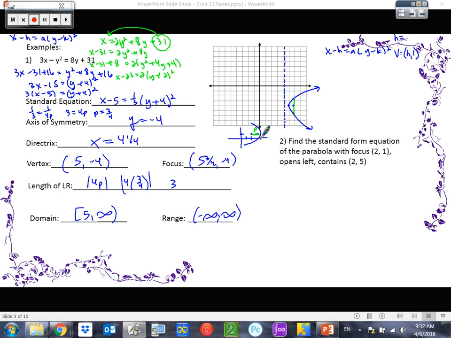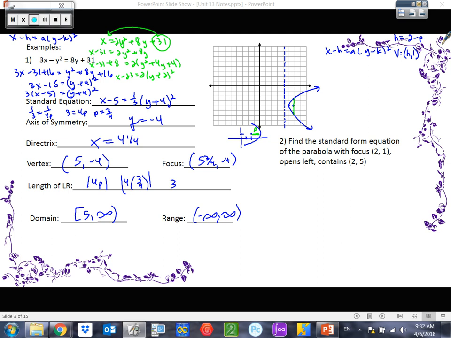If I knew what P was and P was positive, wouldn't I just say 2 plus P? Wouldn't that give me this location? Well, P is negative, so I can't say 2 plus P. I would have to say 2 minus P, minus a minus, because whatever P is, it's negative because we're opening left. So h is going to equal 2 minus P.